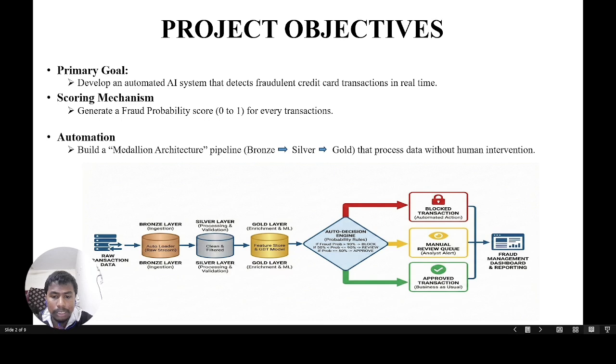If the probability score is between 15 to 90%, then it goes to manual review, where the business data analyst team checks the transaction manually and does the further process. And if it is less than 15%, then the AI system automatically approves the transaction.